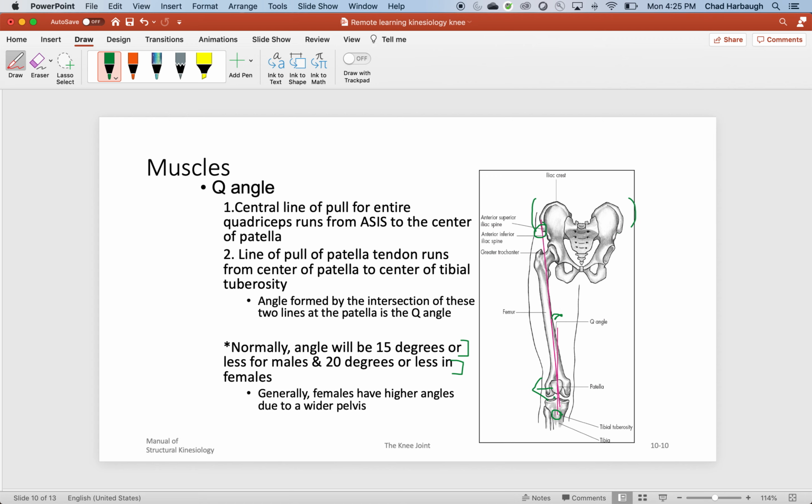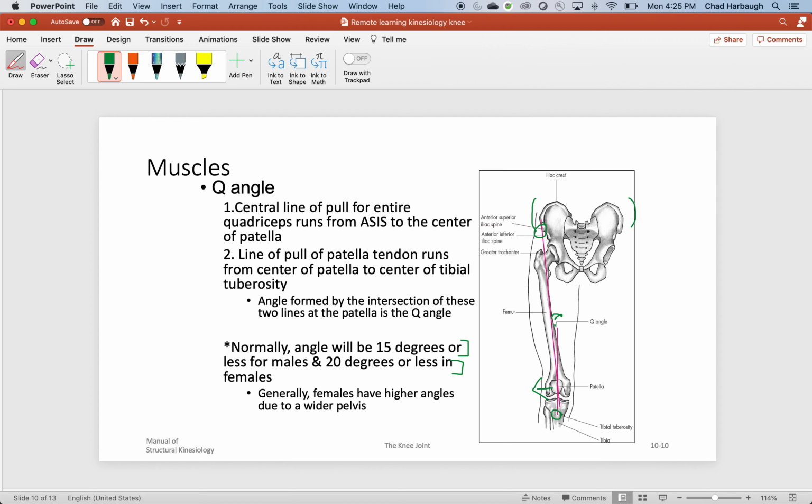Usually the patella is going to shift more laterally, which causes some type of subluxation, which is a partial dislocation of the patella, or in worst case scenarios, we can see a complete dislocation.